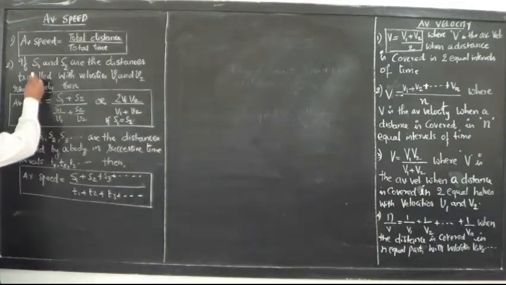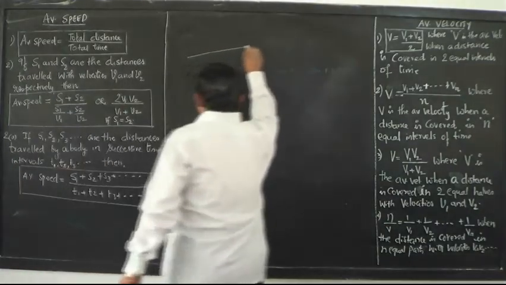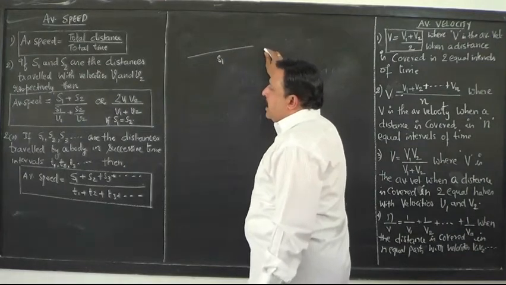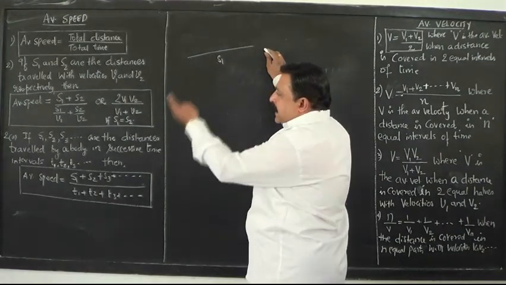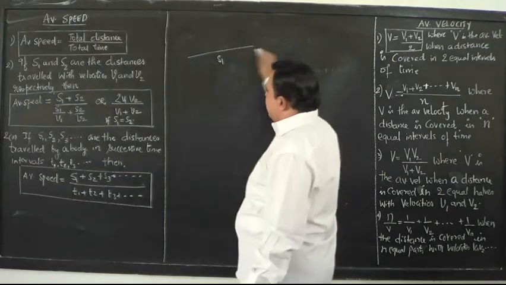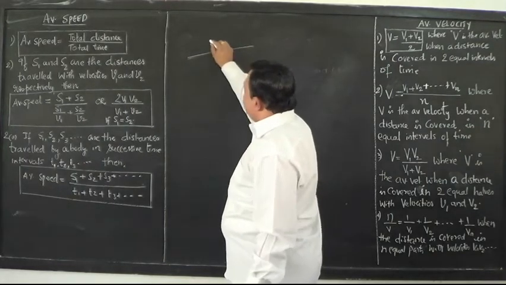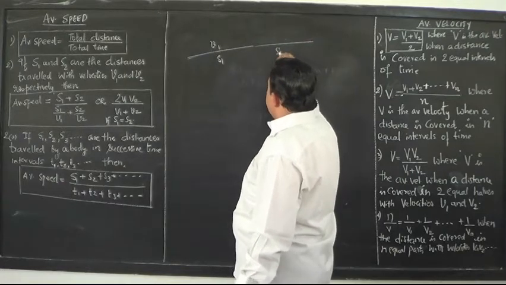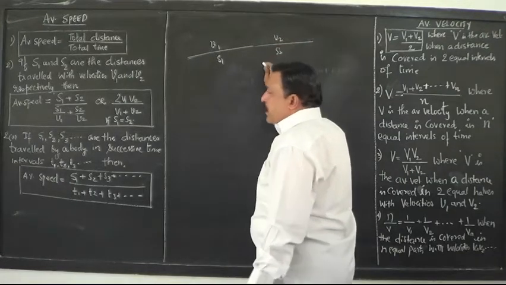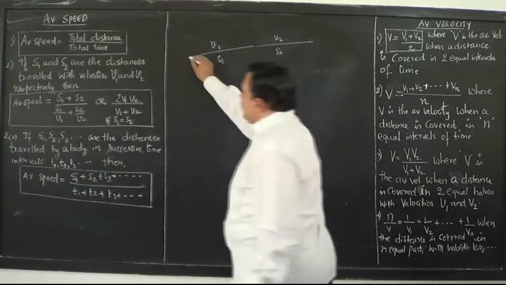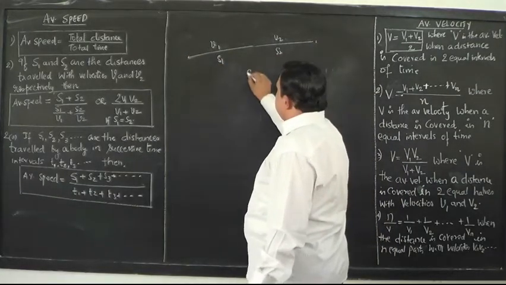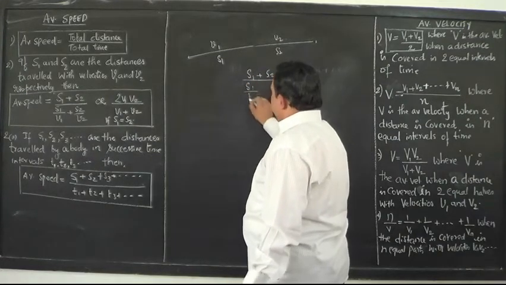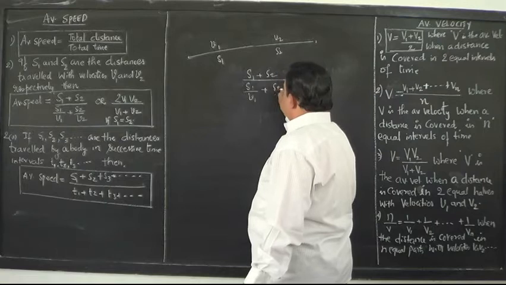Now this is a special case. S1 is travelled with velocity V1 and S2 is travelled with velocity V2. Then the average speed for the entire stretch of journey is S1 plus S2 divided by S1 over V1 plus S2 over V2.